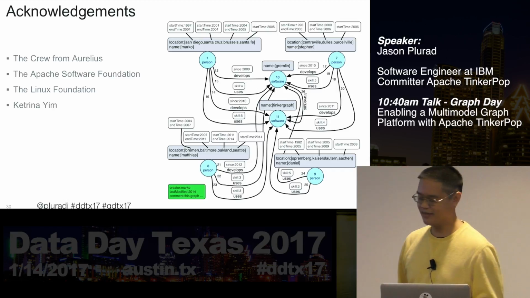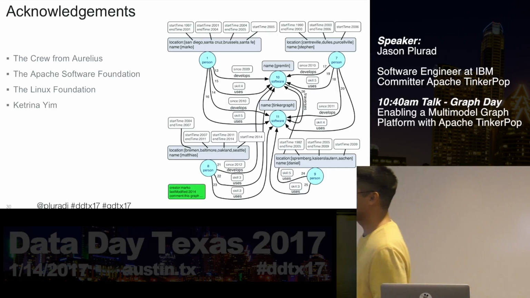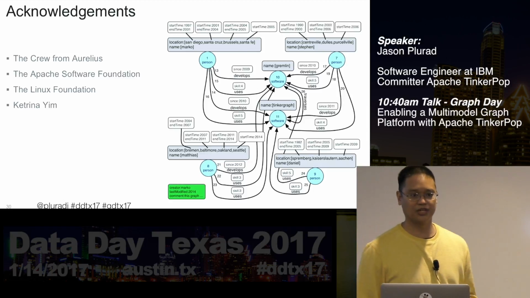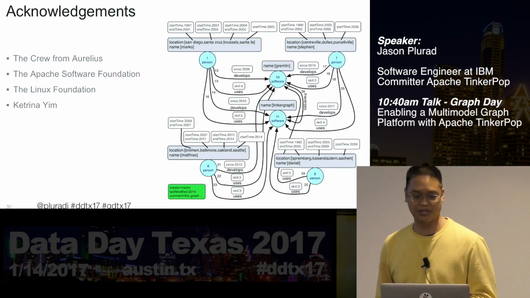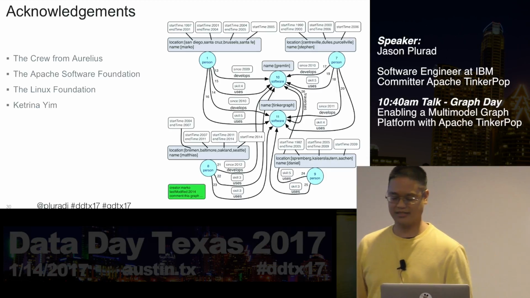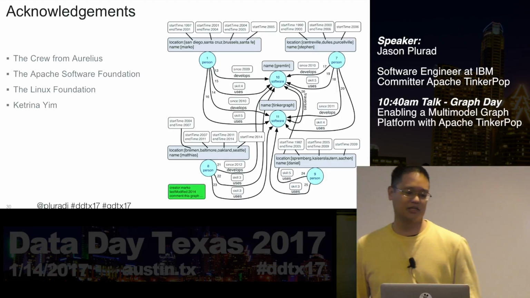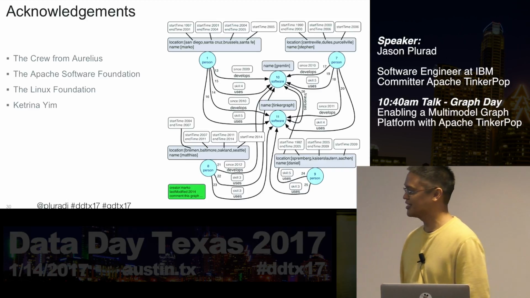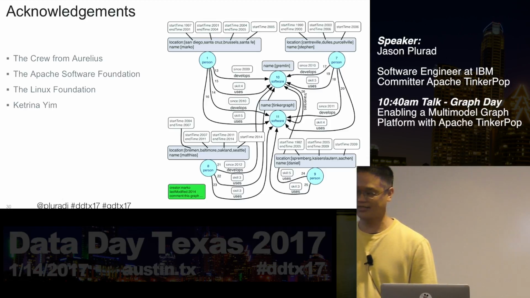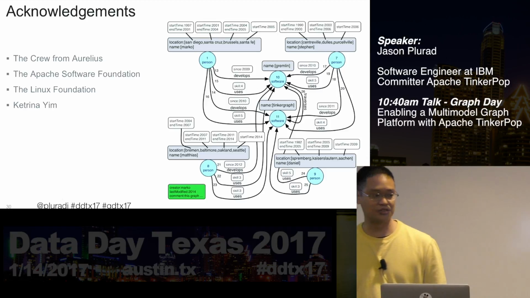So, in closing, I think we have a lot in the open source graph community, a lot of thanks to give to the Aurelius team and the crew there. So that includes Marko Rodriguez, Matthias Broecheler, Stephen Mallette, Daniel Kuppitz, Dan LaRocque. Their contributions to the open source graph space has been amazing, and their impact continues to grow.